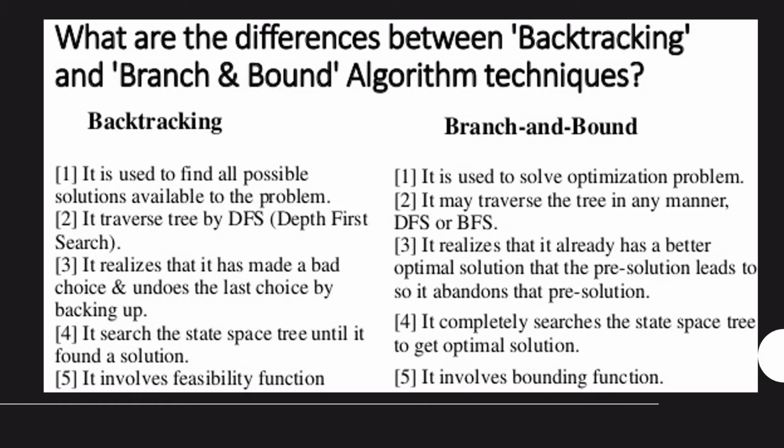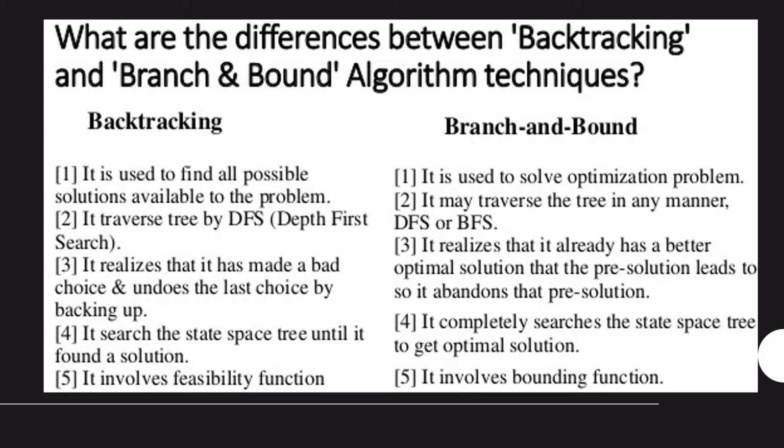That means if you are not getting the solution, or it is a dead end, a non-promising node, we have to backtrack to the parent node and we can continue constructing the state space tree to get the solution, right? So more than one solution we can find by backtracking to the previous node or to the parent node, right?